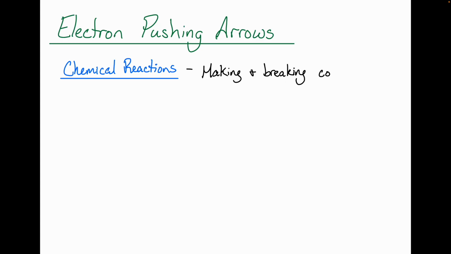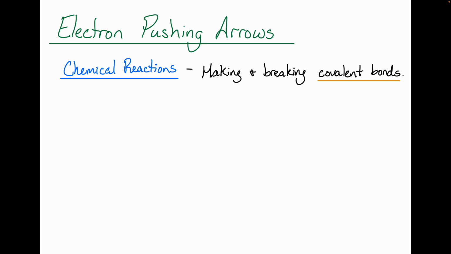So we're talking about making and breaking covalent bonds. And our covalent bonds are made up of what? Two nonmetals will form a covalent bond, but that bond itself we say is a shared what?